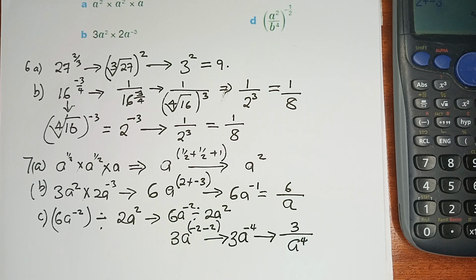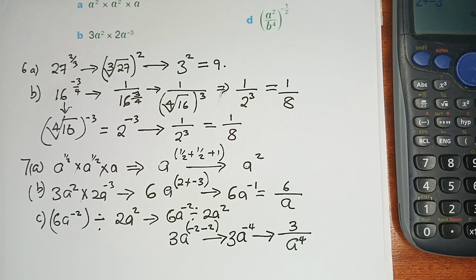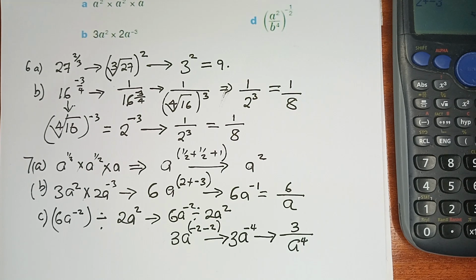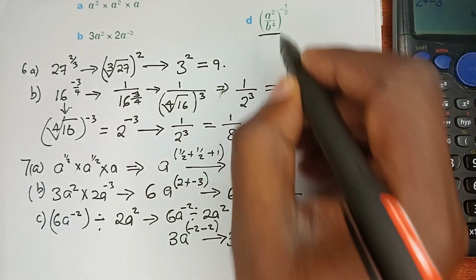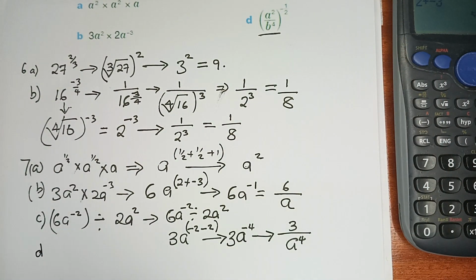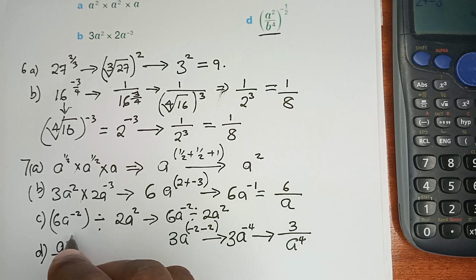And I think that is what we were to have as far as part C is concerned. Let's look at part D now, which you can all see here. Part D is a squared over b raised to power 4, everything raised to power negative a half.